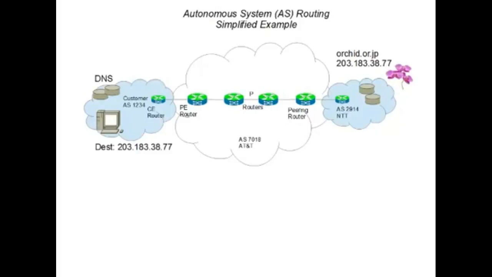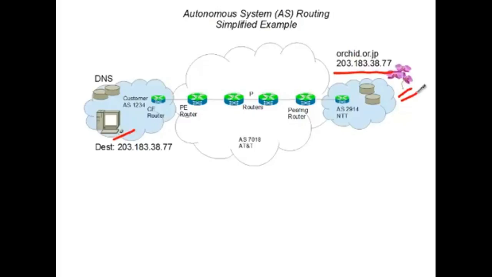In my example, I'm going to be a user sitting in autonomous system 1234. It could be an ISP, or it could be an enterprise that's contracted with AT&T for internet service, and I want to access a website in Japan, and that website is for orchids, for exotic flowers and orchids in particular.